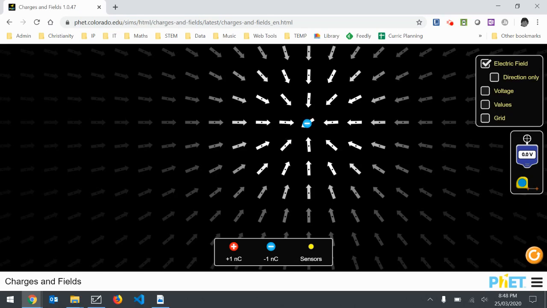As you can imagine, the further away you are from the charge, the less field strength you're going to experience at that point.